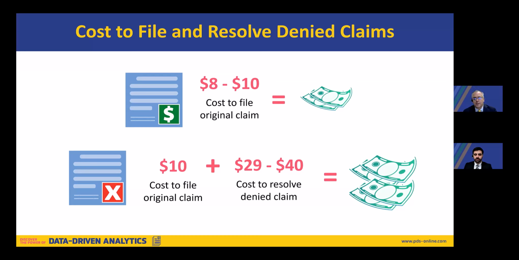But on the other side, the cost to resolve a denied claim certainly hasn't gone down, in part because of labor costs and all the other things related to that area. So we're still seeing those resolving claim costs go much higher. So trying to get your claims through without denials obviously is the key, because this is one key area on cost that we want to focus in on.